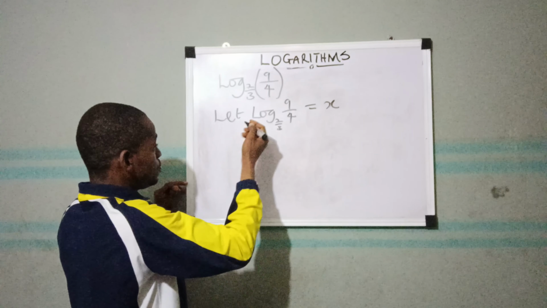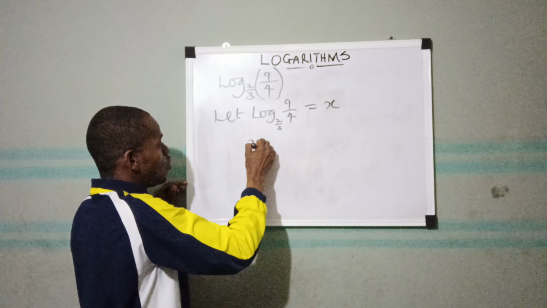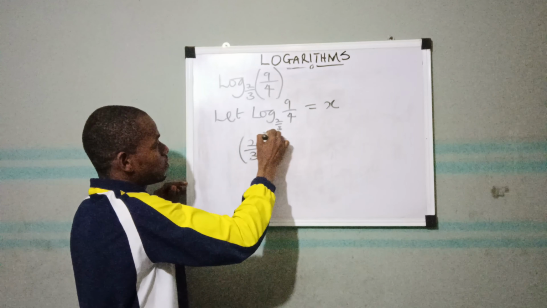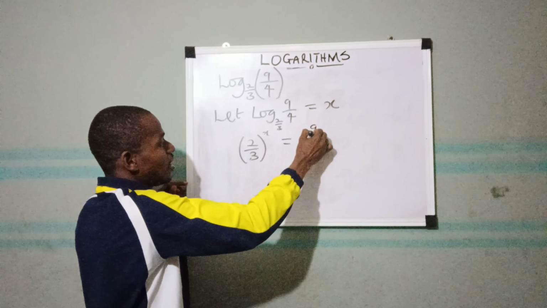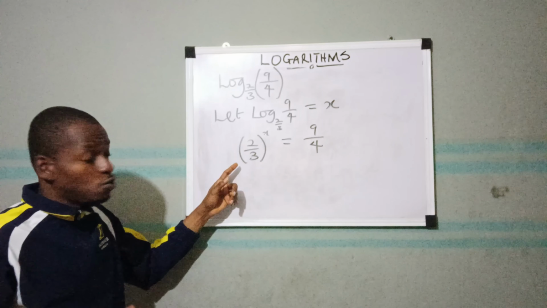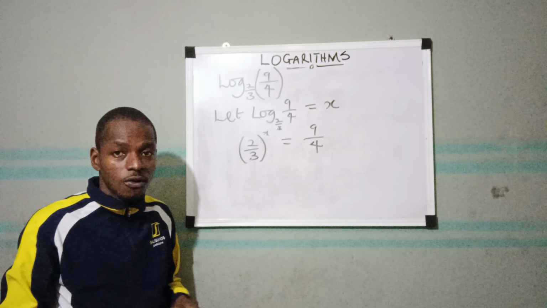Now, this becomes 2 over 3 raised to the power of x is equal to 9 over 4.